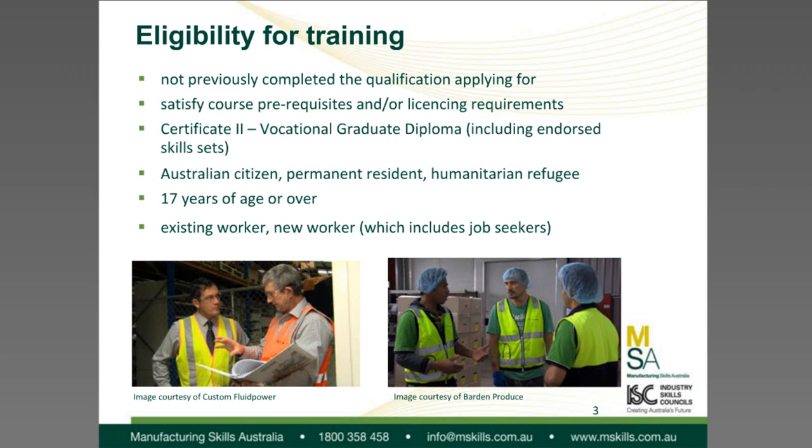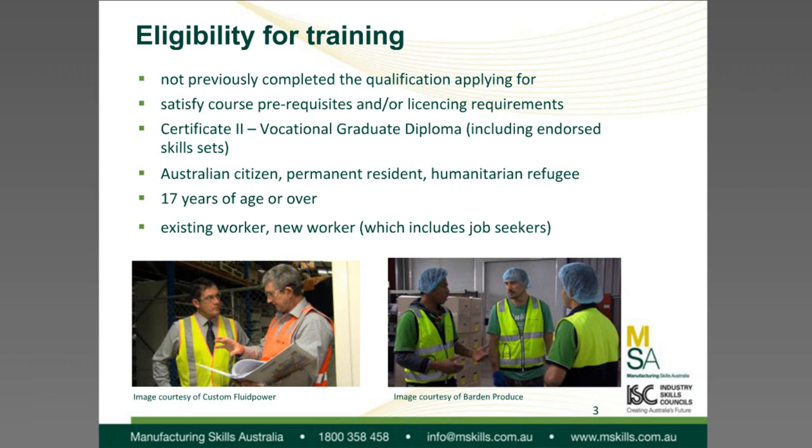Now, I might just ask Steph, in relation to NWDF, this varies from the state model, doesn't it? Yes, that's correct, Chris. Under the state model, an existing worker is somebody who's been there for longer than 3 months, and a new worker is somebody who has been hired in the recent 3 months.